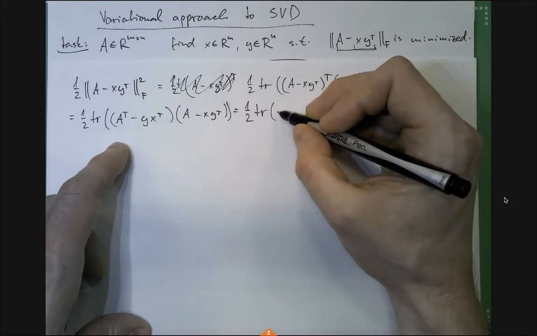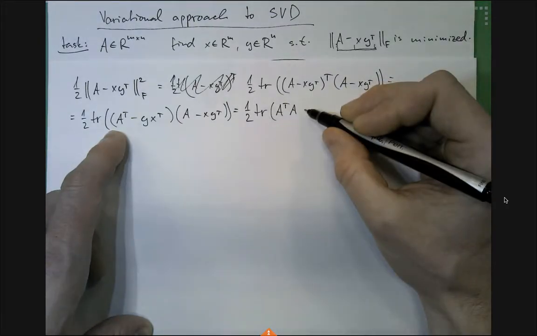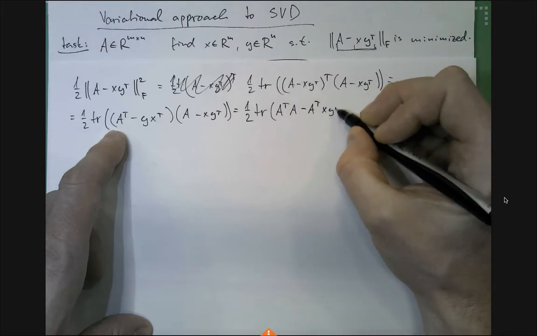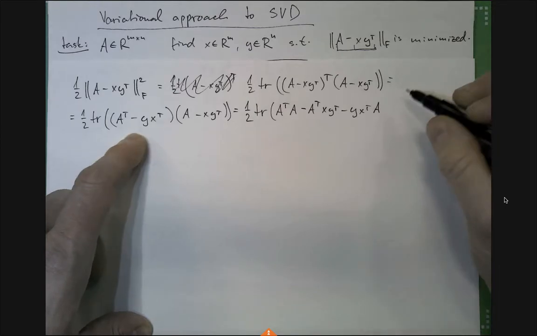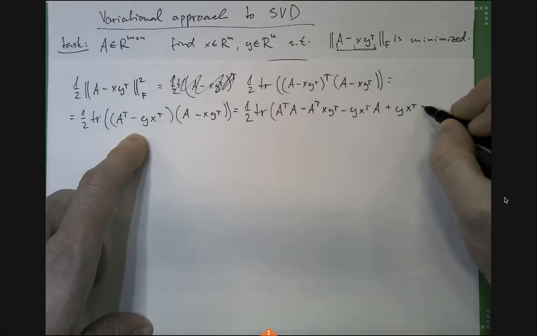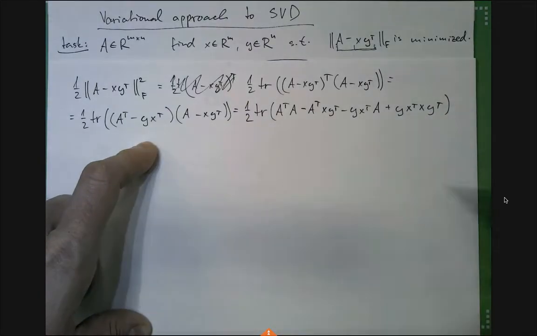So here I will have trace of A^T A. Here I will have, what will I have here? So minus A^T xy^T, minus yx^T A, and finally, minus yx^T xy^T. I have to be careful about the order because I cannot be willy-nilly about it.